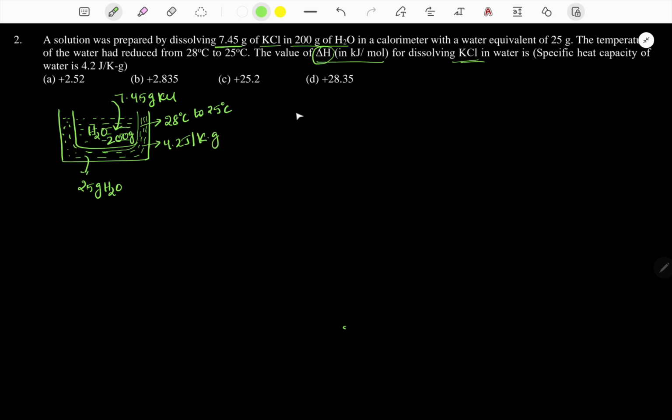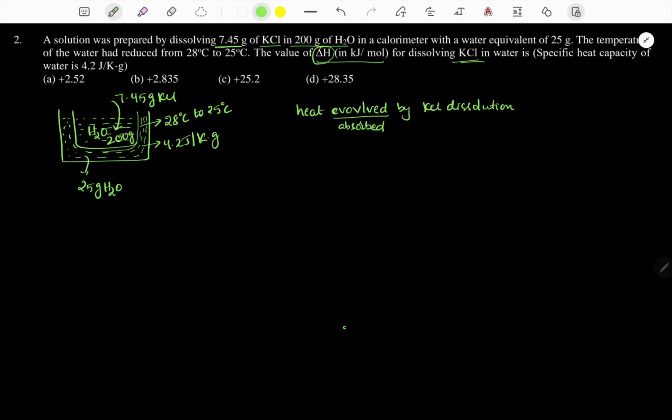So we have to calculate delta H. We know that heat evolved by KCl dissolution. Heat evolved means heat absorbed. You can say here absorbed because it is an endothermic reaction.